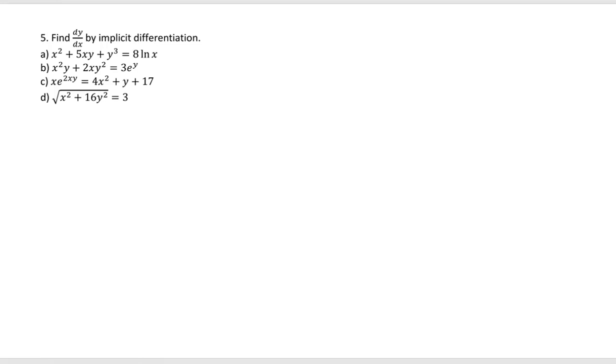Question C, it's getting more complicated. You have x e to the 2xy equal to 4x squared plus y plus 17. We differentiate both sides. Now this left one is very complicated, but you are going to worry about the complicated parts later.